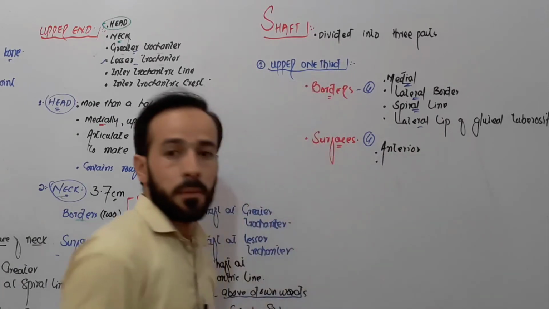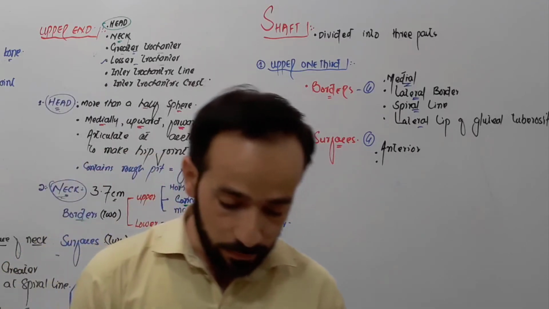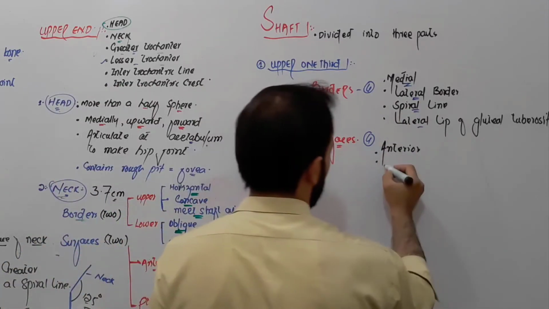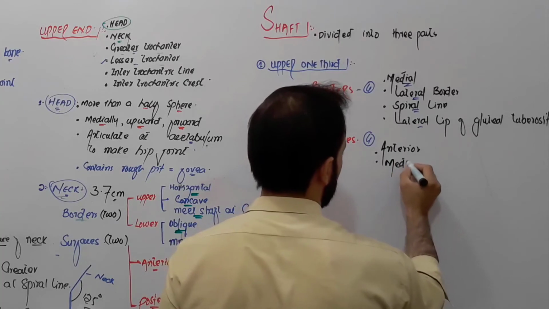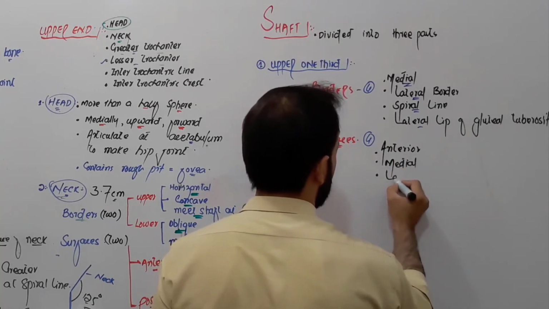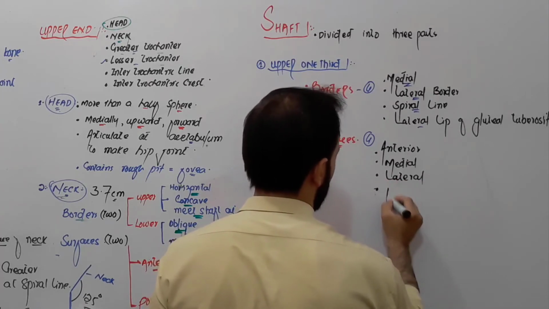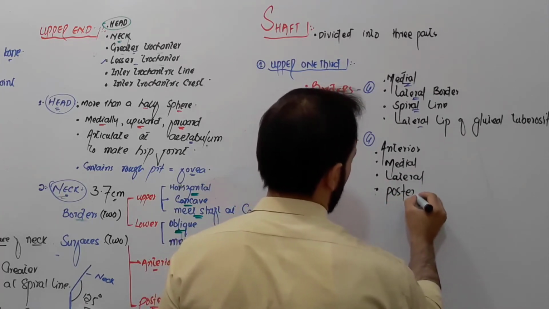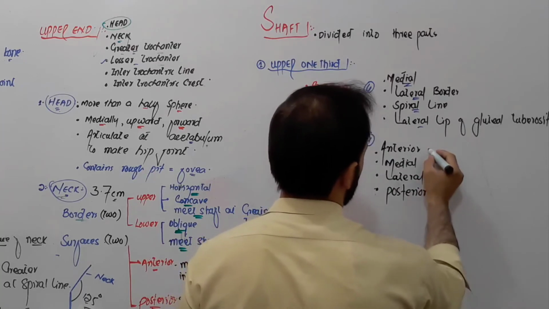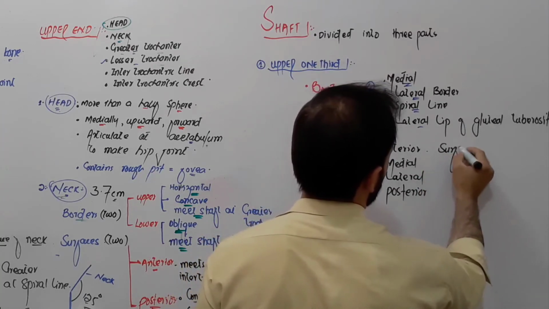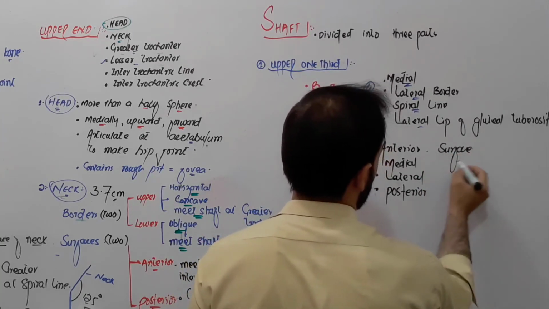There is the medial surface. Then there is the lateral surface, and then there is the posterior surface. Right? So how many surfaces? It has 4 surfaces.